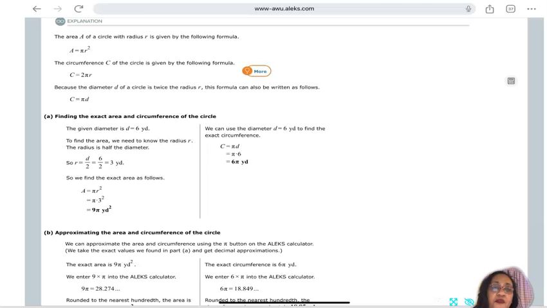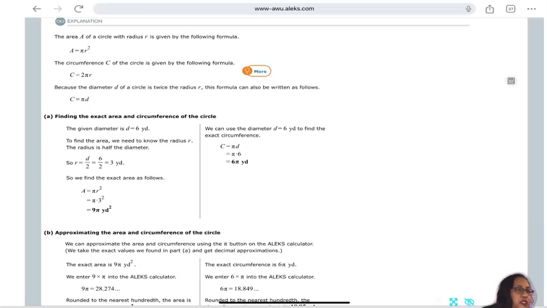And then the circumference C of the circle is given by the formula C equals 2 pi r. But you can also get the circumference with pi times the diameter, and the r in the circumference also stands for the radius.